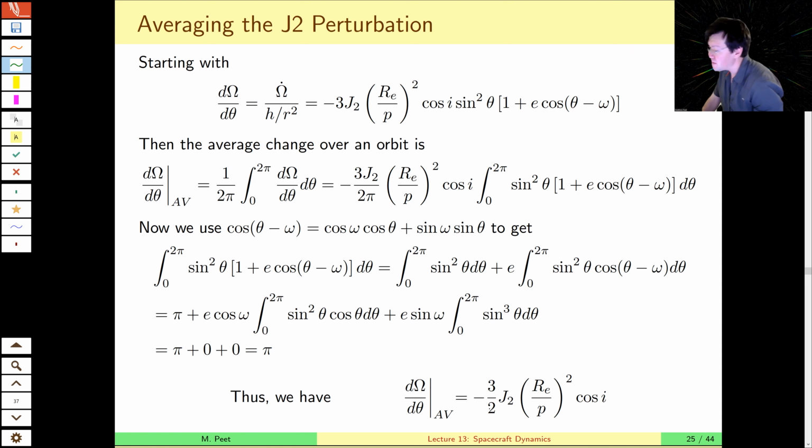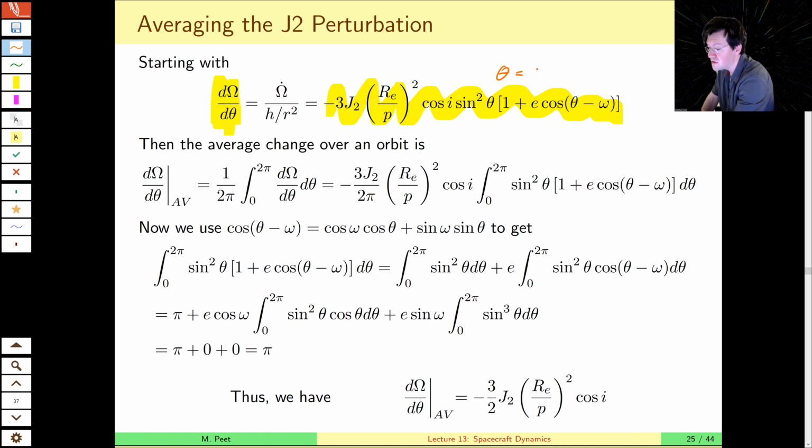So now we have this convenient expression for the change with angle, expressed as a function of that angle. So here we've done theta equals omega plus f, and so f equals theta minus omega. So this was f.